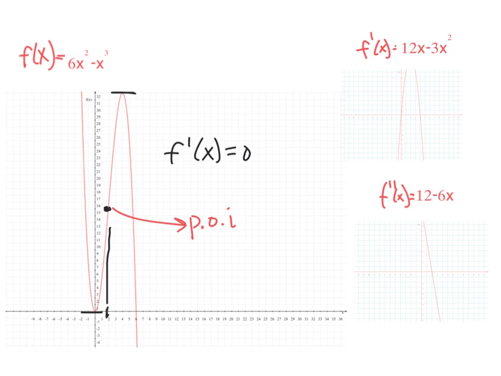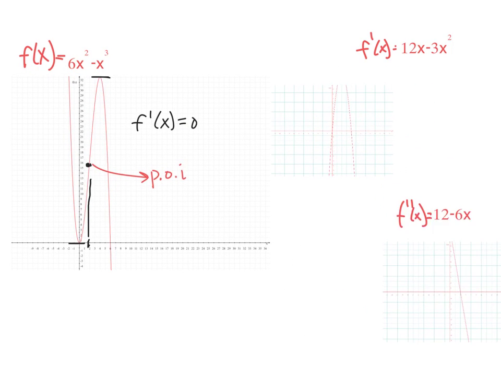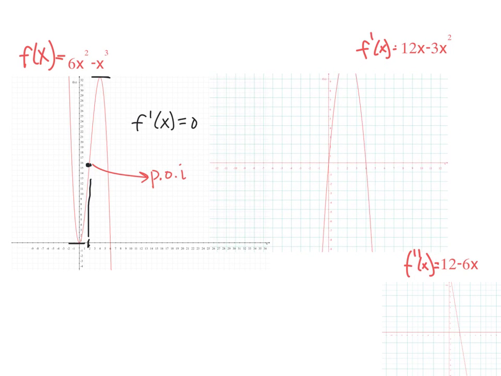So let's take a look at the graph of the derivative in comparison to what we were just talking about. So here's the graph of the derivative. Notice that the first derivative is equal to 0, horizontal tangents at 0 and 4.